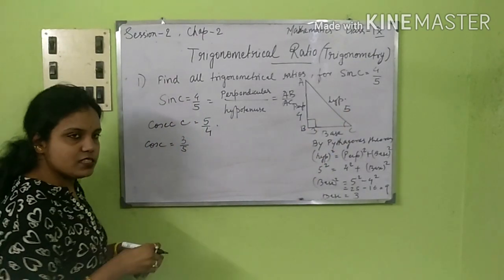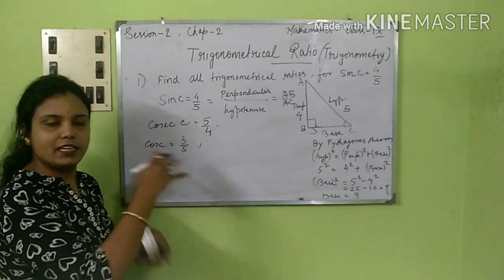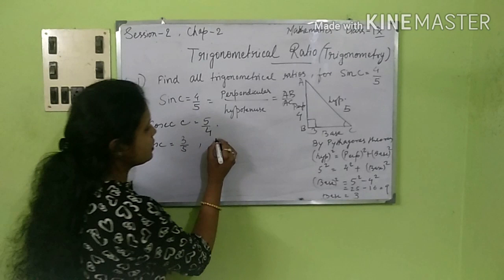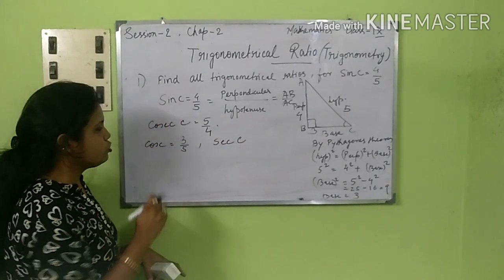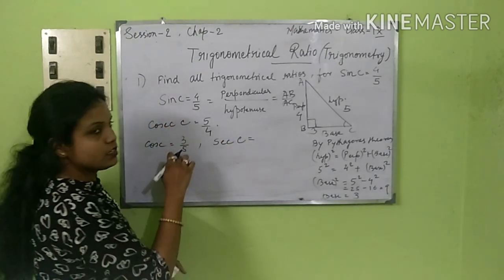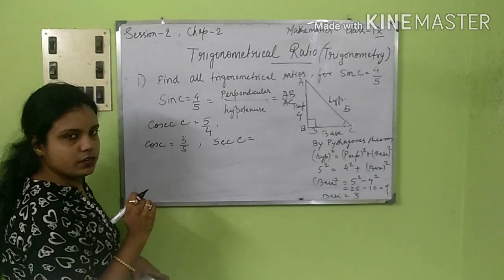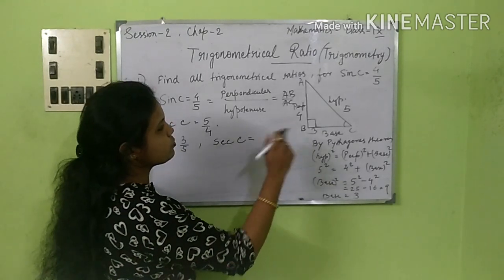Right? And please, when you are writing, since I am just dictating and writing the answer, for your case, suppose I am taking sec C now. Sec C is the reciprocal of cos, right? So in that case, we are going to get hypotenuse by base.